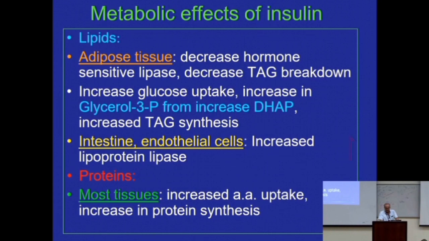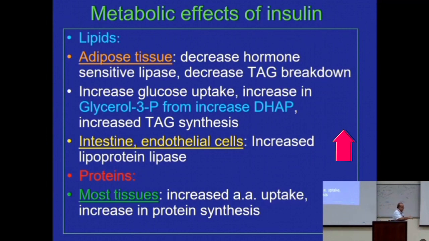One important positive effect of insulin, this is very important, is that it can upregulate lipoprotein lipase. This is a distinct lipase from hormone-sensitive lipase. It's distinct in its location and in how it's regulated.